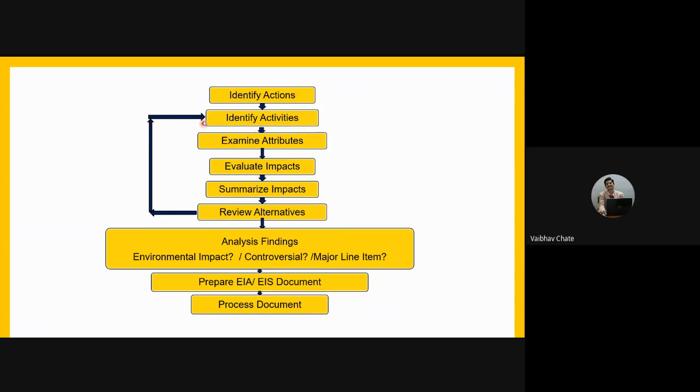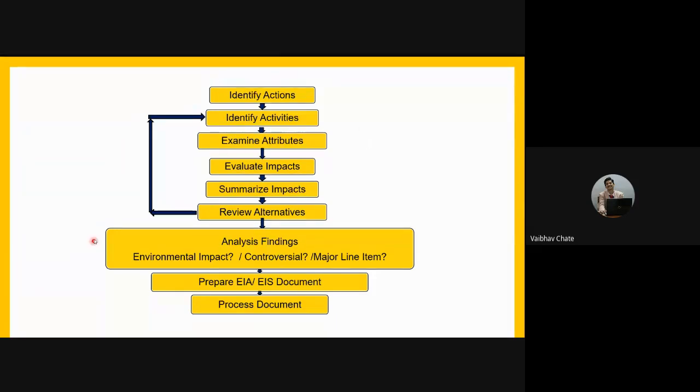So these things will be considered separately in the EIA process. I'm not using the word EIA document, I'm making use of the word EIA process. In the EIA process, either we might go for an EIA document, EIS document, or negative declaration document. That is different.